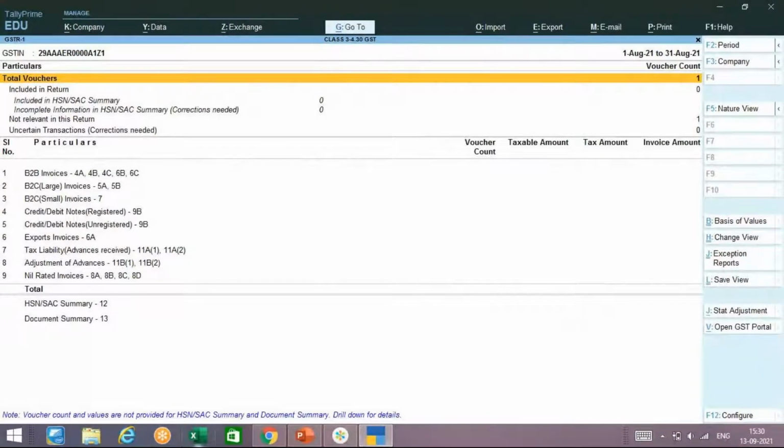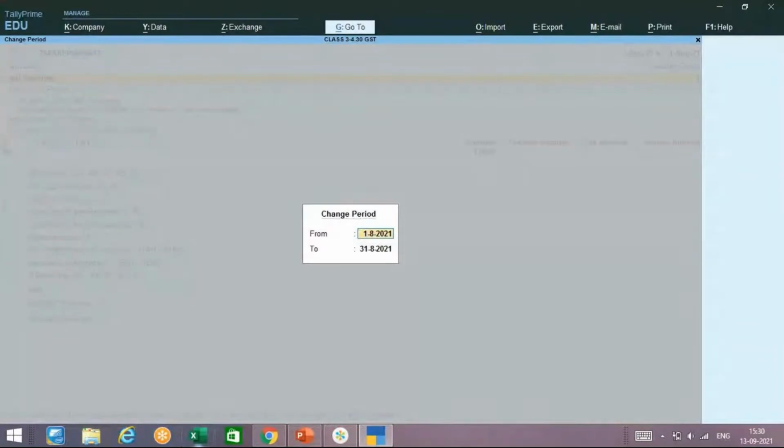That is why it did not show. I'll do from 1/4.